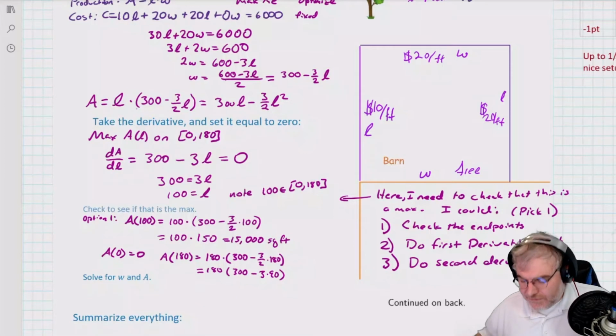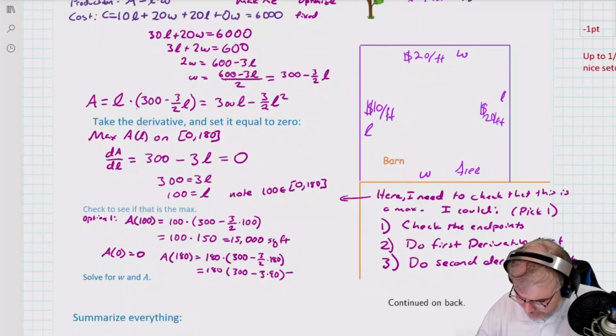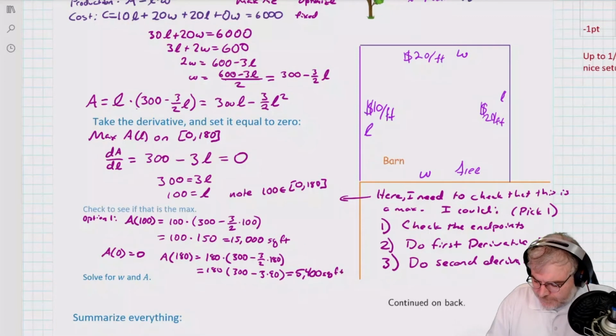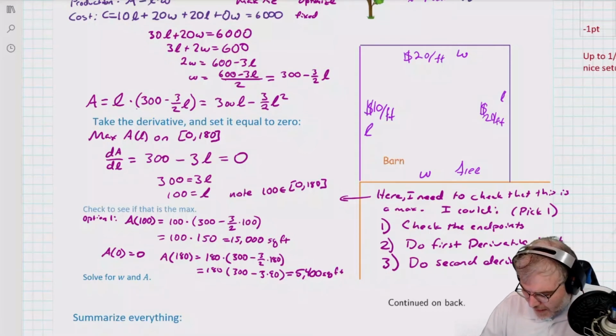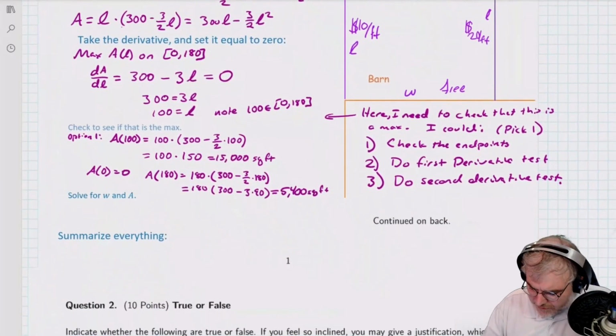And that's going to give me 5,400. Okay. Someone hopefully said that. Okay. So that, therefore, A of 100 is the largest.